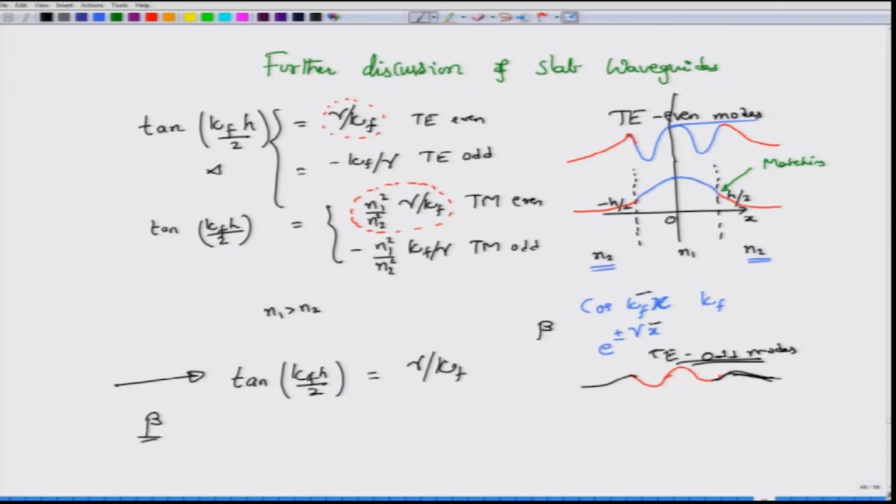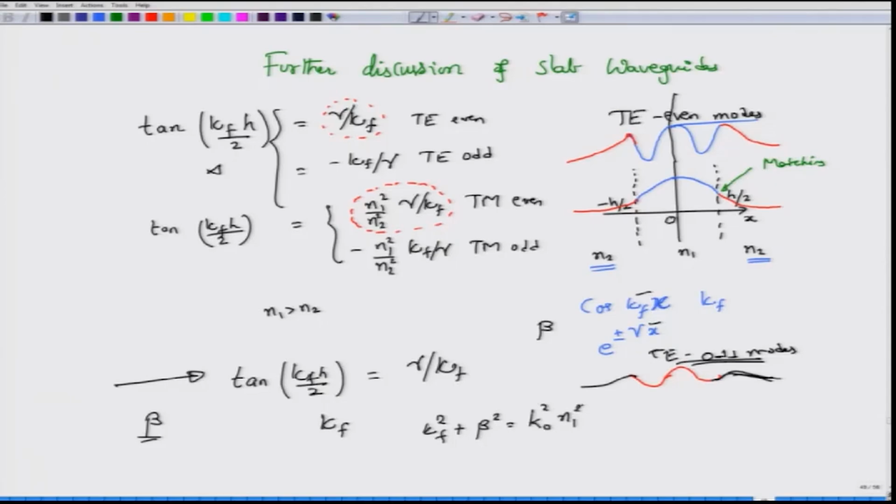That is, I will first find the value of kappa_f which satisfies these two equations. I express everything in terms of kappa_f, and then I will be able to compute beta, because the relationship between beta and kappa_f is kappa_f^2 plus beta^2 equals k0^2 n1^2.